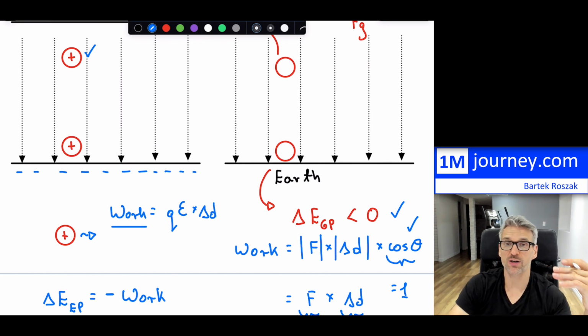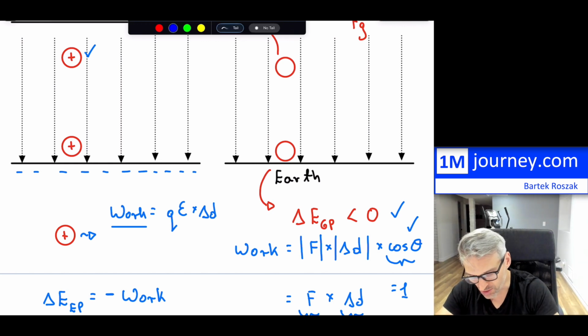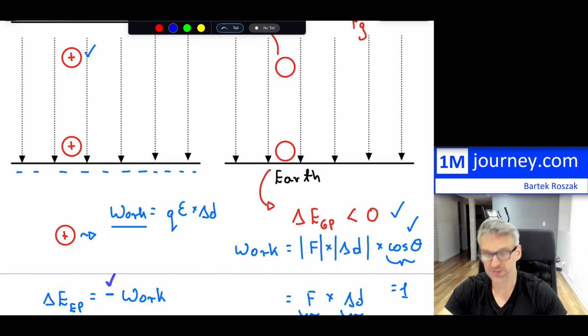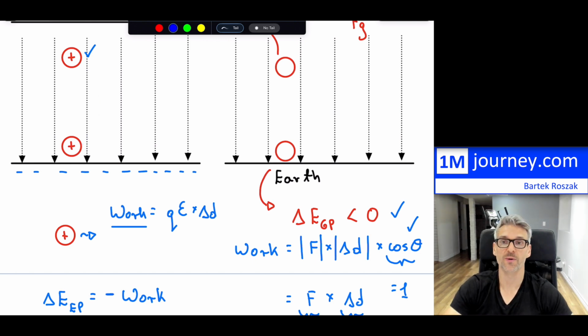But you yourself should remember: is it losing, and therefore negative, or is it gaining, and therefore positive? So if you're going in this direction and it's a positive charge, then it's going to be losing potential energy. If it's a positive charge and you're going in this direction, then it's going to be gaining, and therefore this would have been positive.